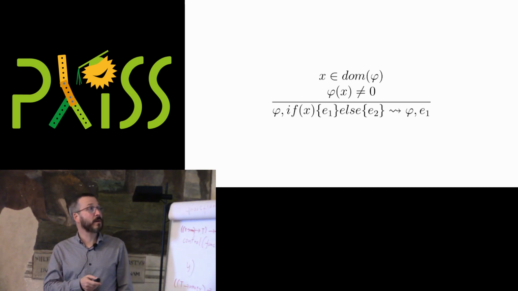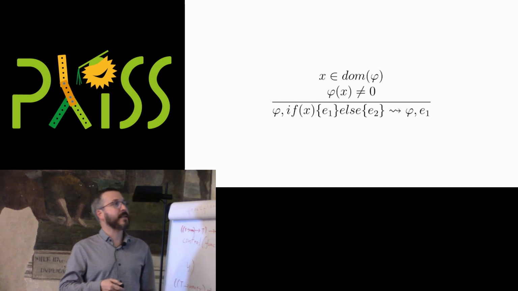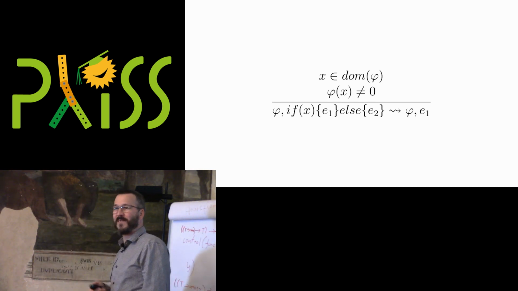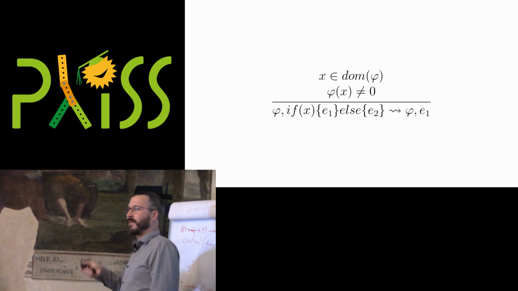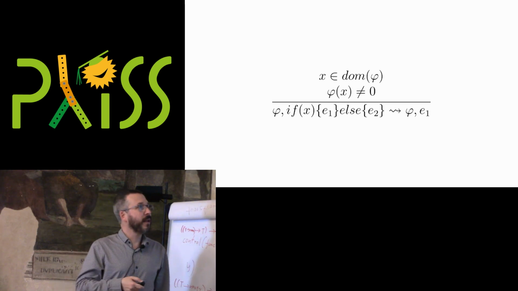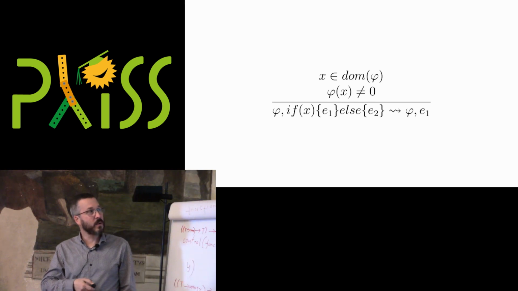This is undefined behavior. And this is the particular case where if we do look up x, it's non-zero. Because remember, we only have integers. There's no Boolean. So we're just going to pretend we're C and that only the integer 0 is false. In that particular case, we are going to rewrite this to be 5 followed by E1, right? The conditional branch, not the non-conditional branch.